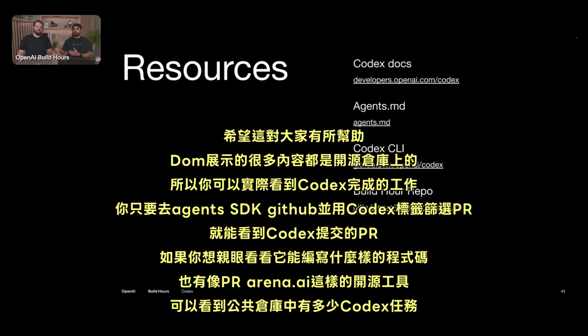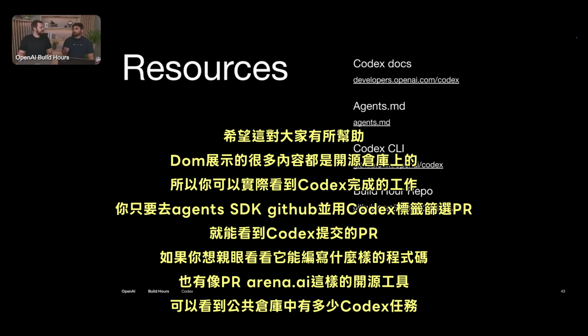A lot of what Dom showed you was on open source repos, so you can actually see the work Codex has done. You can go to the Agents SDK GitHub and filter the PRs with the Codex tag, and you can see the PRs that Codex has submitted if you want to see for yourself the kinds of code it writes.